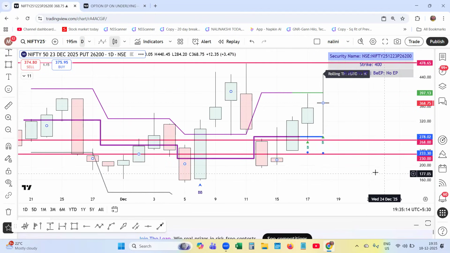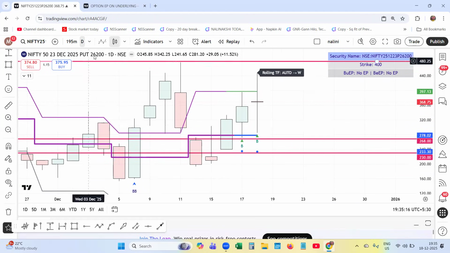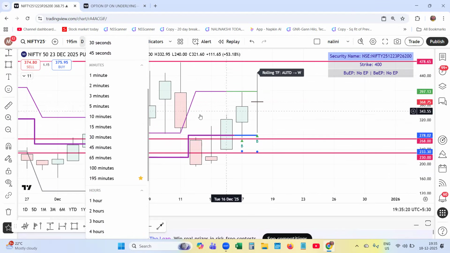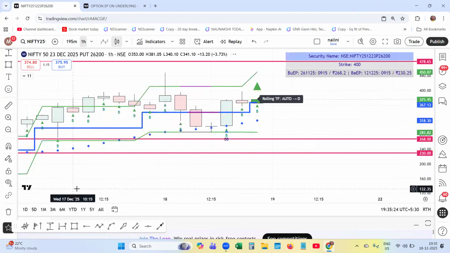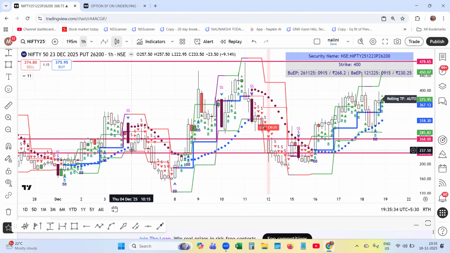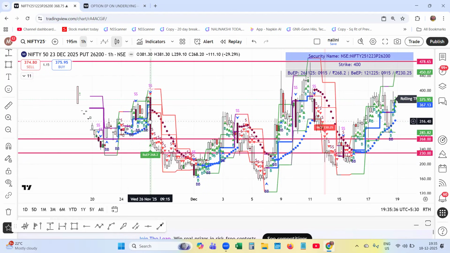If I go to the hourly chart, sometimes it will not show EP on the daily chart. On an hourly chart, you will see EP on the same day. On 12th December, EP has been triggered, and EP has been triggered on 26th November.